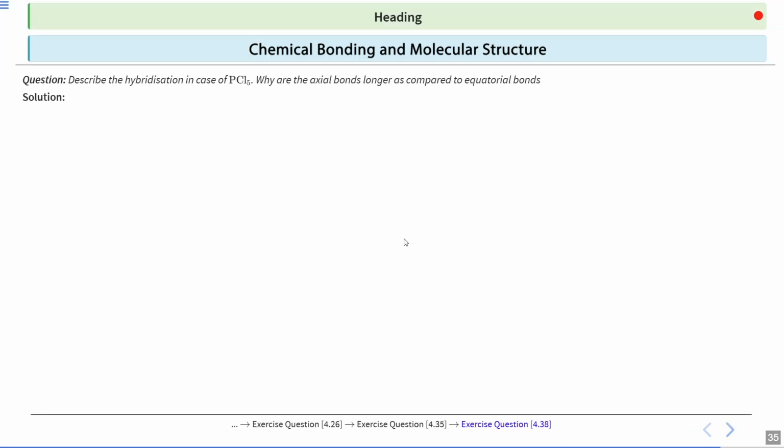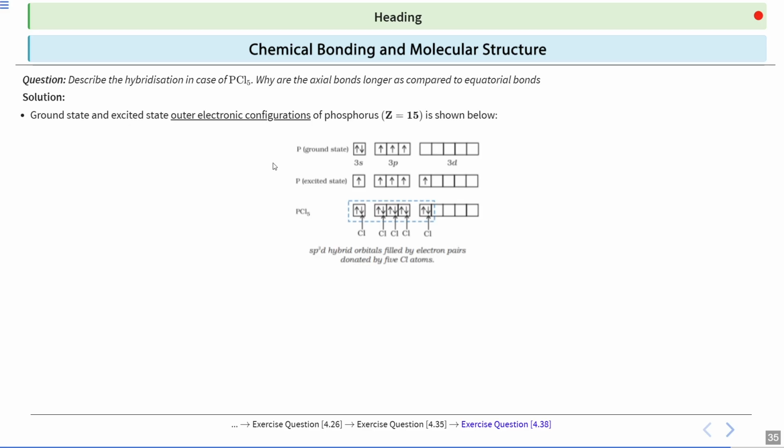If you look at the PCl5 molecule, then its outer electronic configuration will be like this: 3s2, 3p3. Why? Because it belongs to group 15. Now, we will excite the phosphorus electrons.